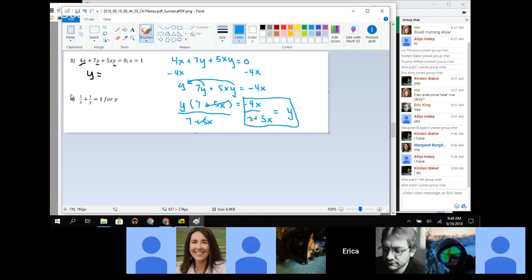And again, this is an equivalent equation to my original equation up here. Okay? Very exciting, right? Woohoo! Any questions on that?